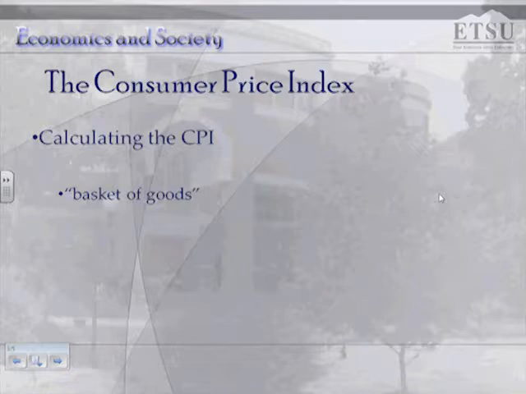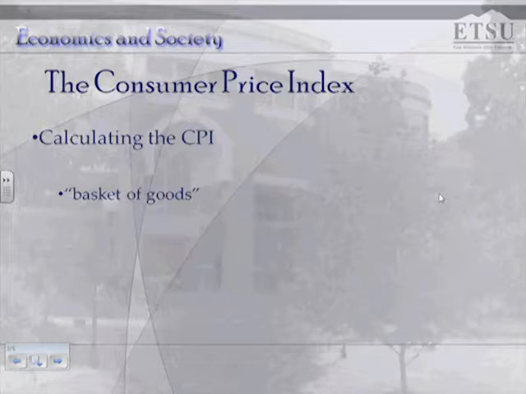And so if you look at the representative basket of goods, it necessarily has to change over time. So in 1982, the representative basket of goods would have maybe included a record player or an audio cassette player with the price of a cassette and no real anything that resembled something like a cell phone, right?